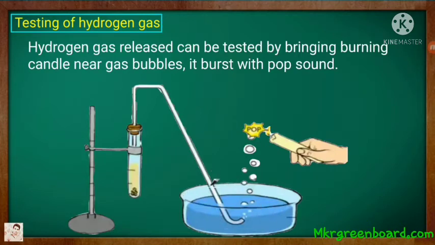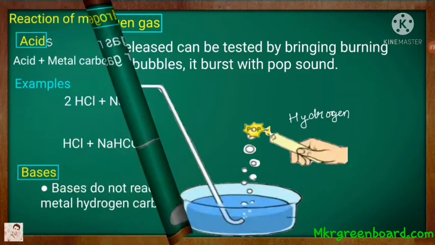With the help of a diagram it is shown: in the test tube, the hydrogen gas is taken, and when it burns near the candle, it makes a sound. So it indicates that hydrogen gas is liberated.